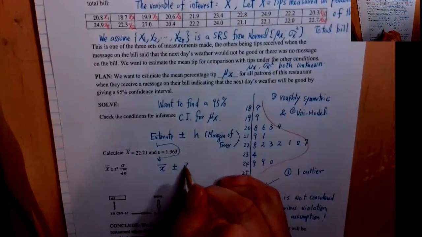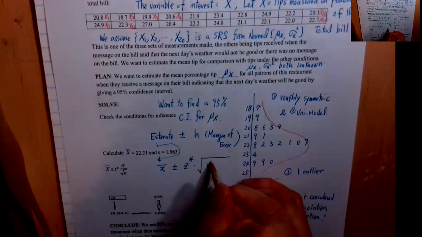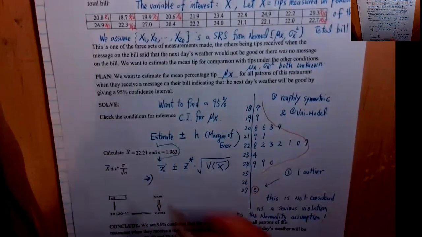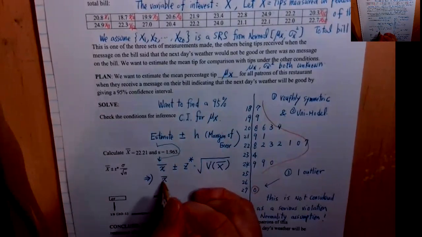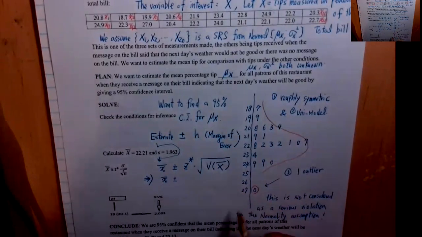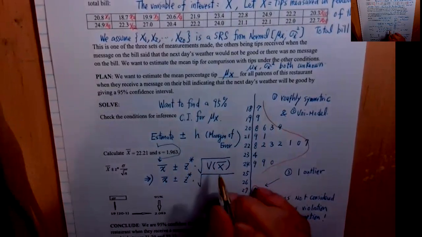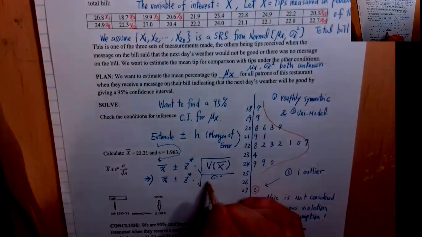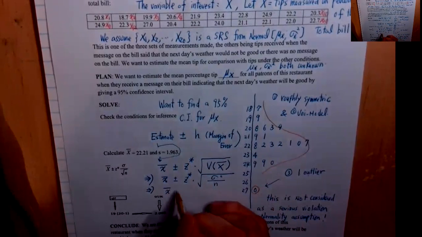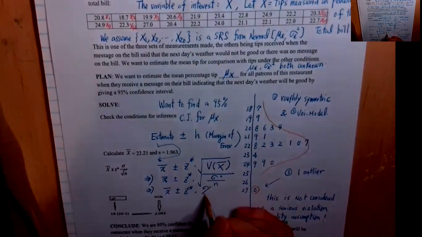So this is x bar plus or minus h, the margin of error: z star, the critical z value, times the square root of the variance of our estimator x bar. I use lowercase x bar as the observed value of the estimator. The variance of x bar is sigma squared over n. So simplified, this is x bar plus or minus z star times sigma over square root n.